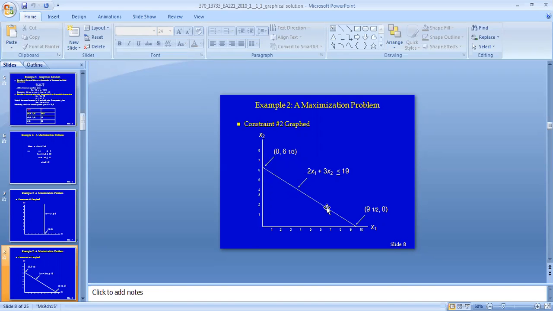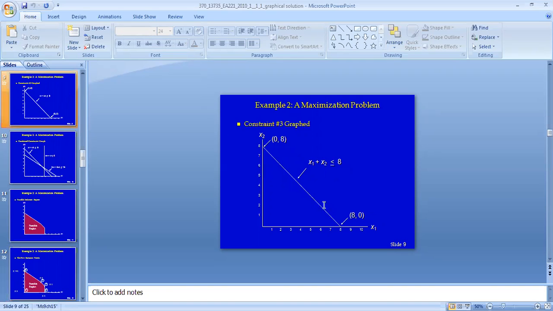So this is the second constraint. And the third one is x1 + x2 = 8. If x2 = 0, then x1 = 8, so we get the point (8, 0). If we put x1 = 0, x2 = 8, so we get another point, (0, 8).